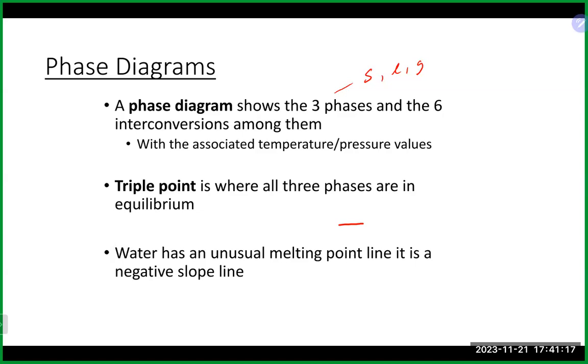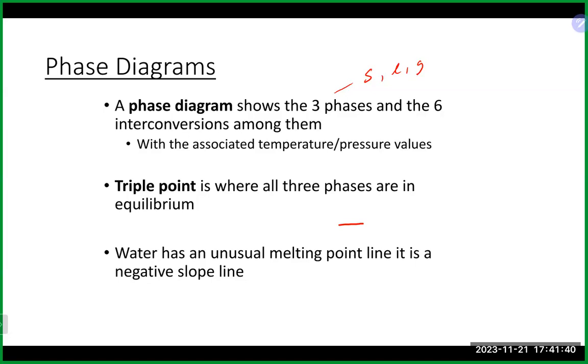We'll see some diagrams in just a second, but when we look at them, we will see what is referred to as the triple point, a temperature and pressure combination where you pretty much have all 3 phases happening at once. So you have solid, liquid, and gas occurring at the same time. Water has an unusual melting point line.